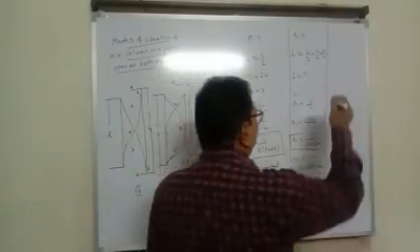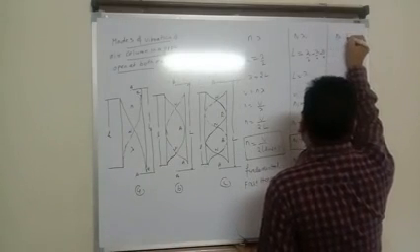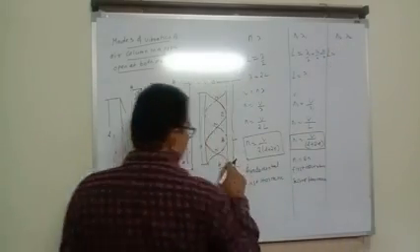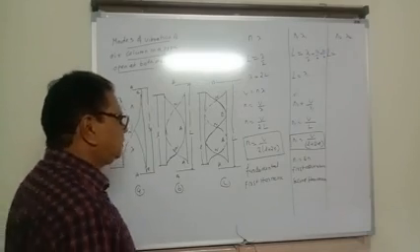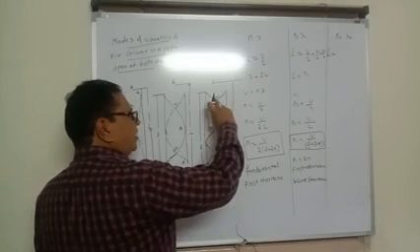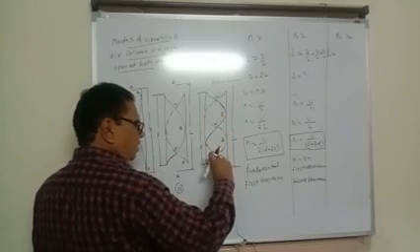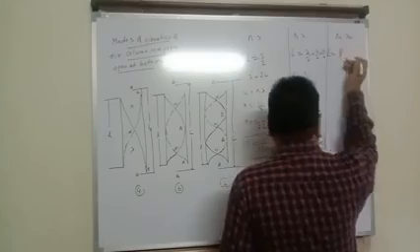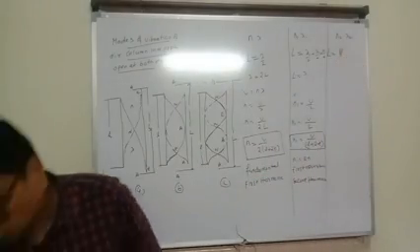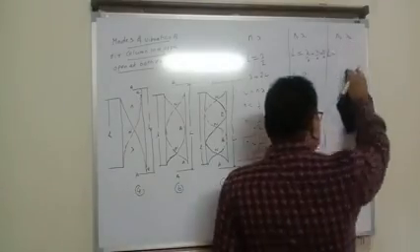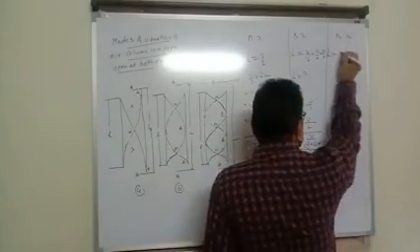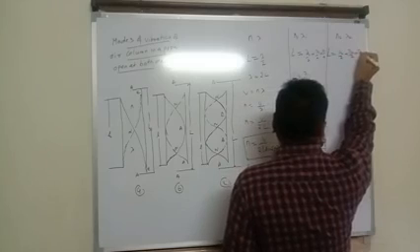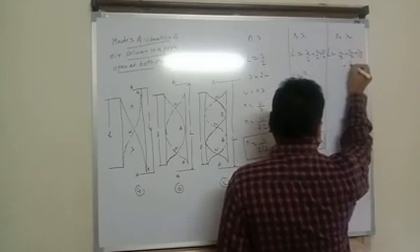Let N2 be the frequency and lambda 2 the wavelength in this case. Then the capital L, the length of the vibrating air column, is lambda 2 by 2 plus lambda 2 by 4 plus lambda 2 by 4.